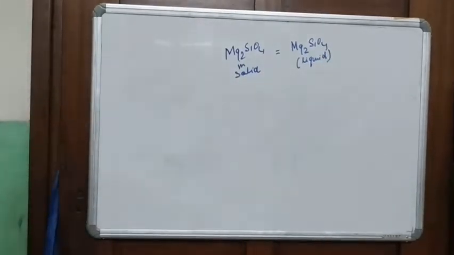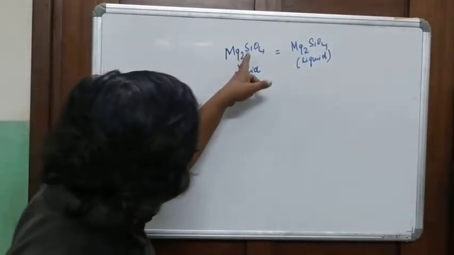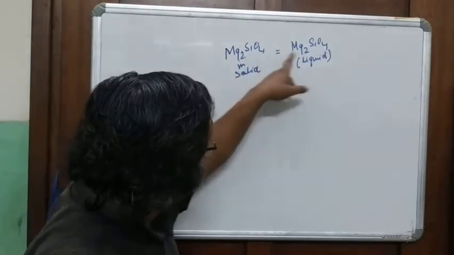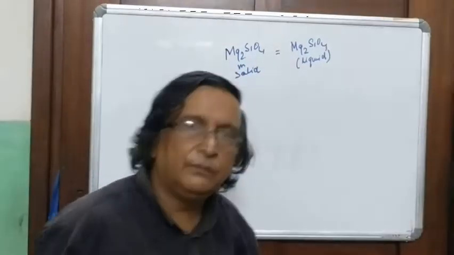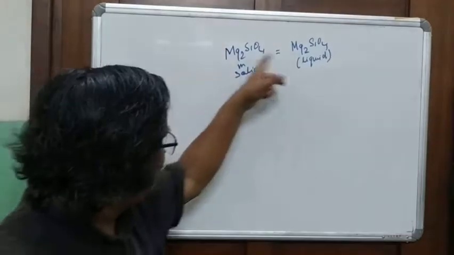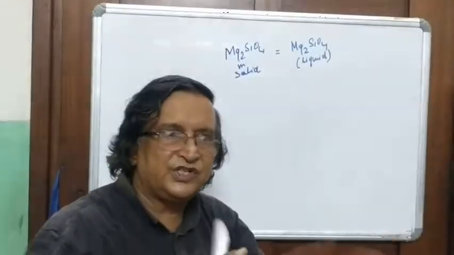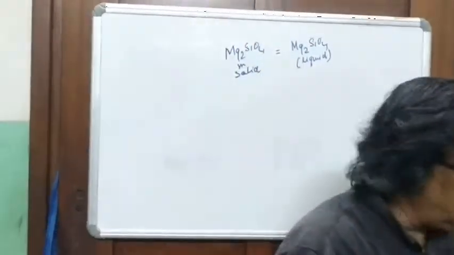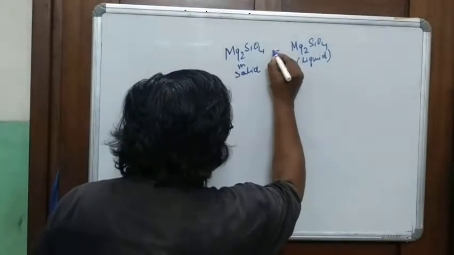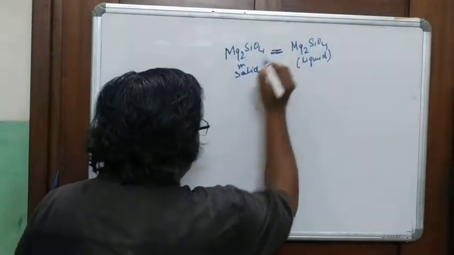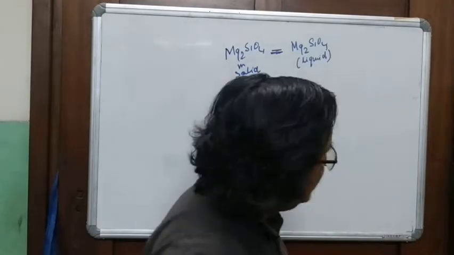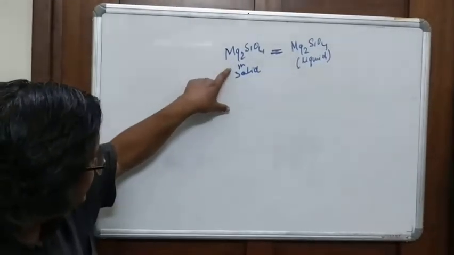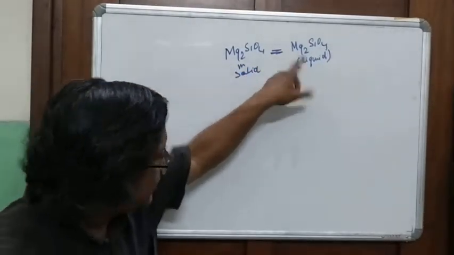I write this equation. Essentially, it is forsterite in solid equals forsterite in liquid. That means we are talking either of melting or crystallization. We are not sure which way we are going, but the equilibrium is represented by an equal sign.